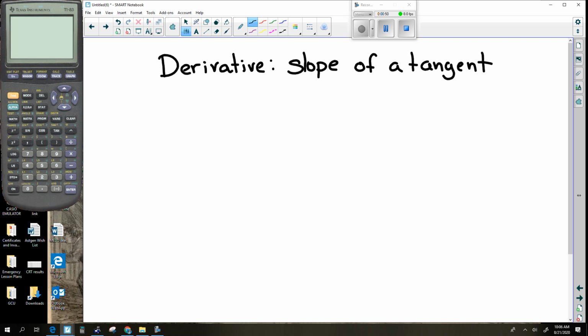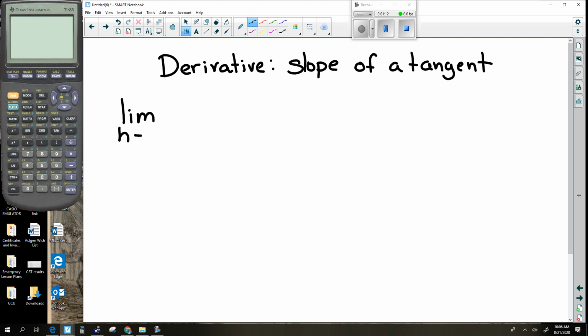It's a slope of a tangent. And when you talk about the limit process, there's a couple different ways of going about it. If you just want to know what a derivative is in general, not at a specific point or anything, this is the equation that you want to be using.